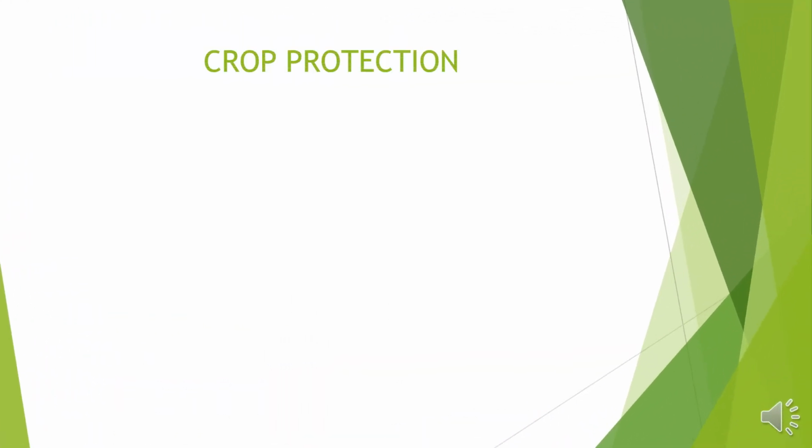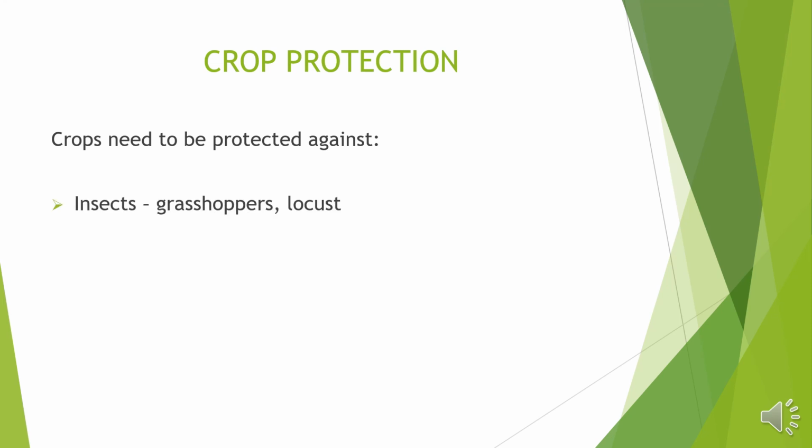Crop protection. Crop protection is very important to get a high yield of a crop. Proper care must be taken to save the crop from any damage caused by insects like grasshoppers, locusts, caterpillars, etc., diseases, and grazing animals like cows and goats.